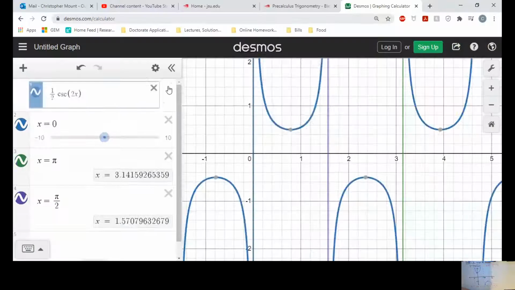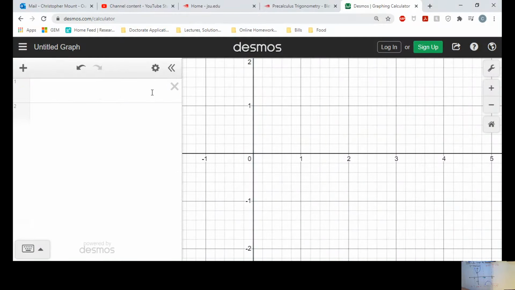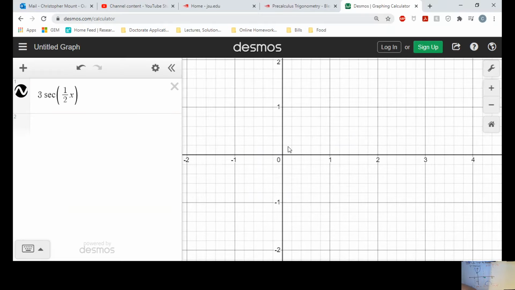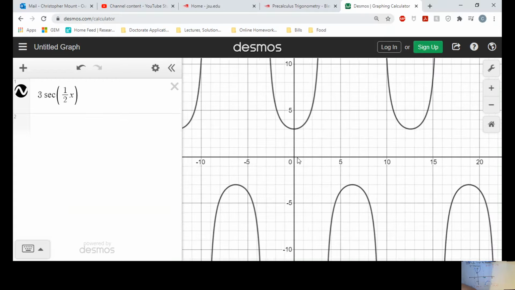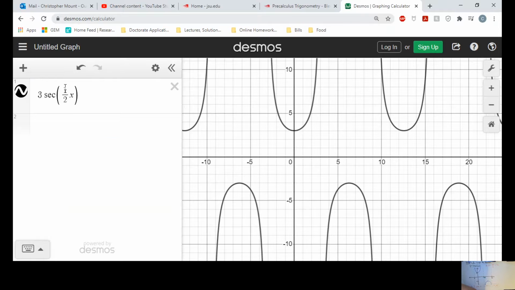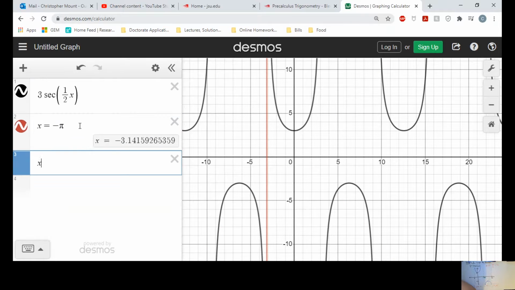Okay, get rid of all these. 3 secant of 1/2 x. And why aren't I seeing anything? Because you see, I'm not at the values of 3, so I need to zoom out. There it is. And we went from x equals -pi to x equals 3 pi.